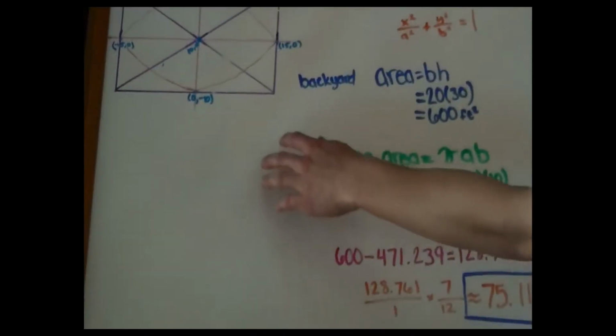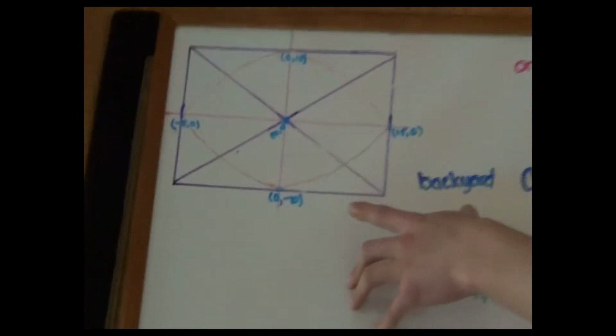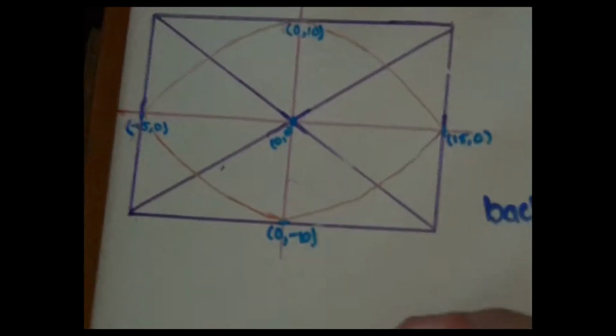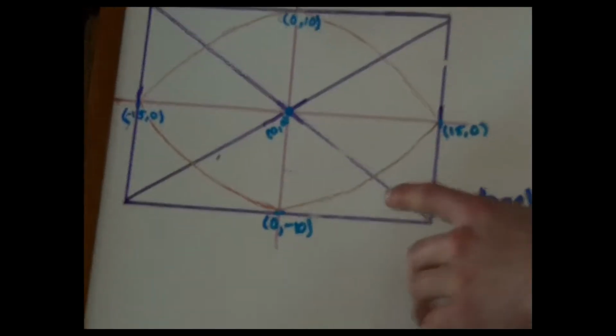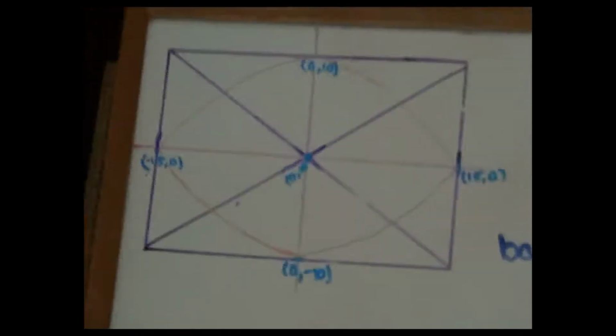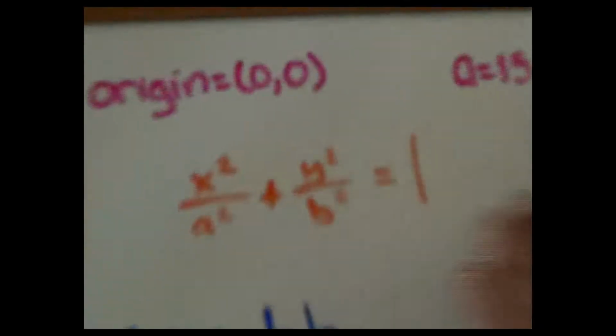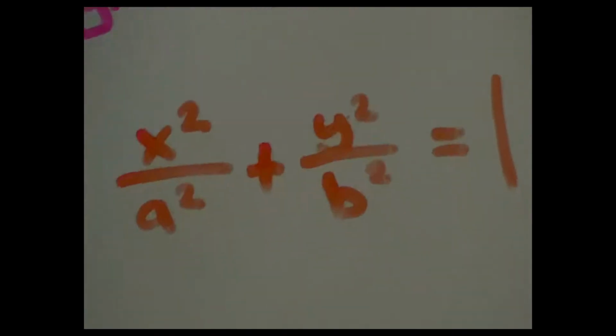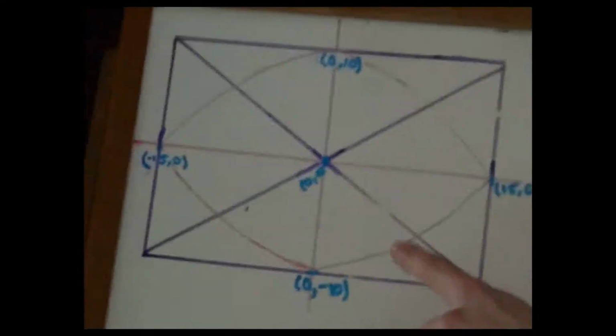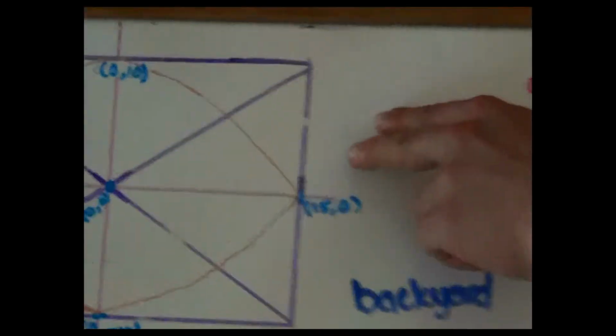So we have our backyard plotted on the graph over here, and we placed the vertex, the center of origin, at (0, 0). Our special elliptical formula is x squared divided by a squared plus y squared divided by b squared equals 1. To find a, we go from the center, (0, 0), to the end of the horizontal side, 15.